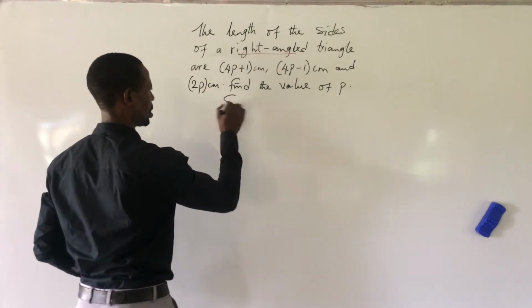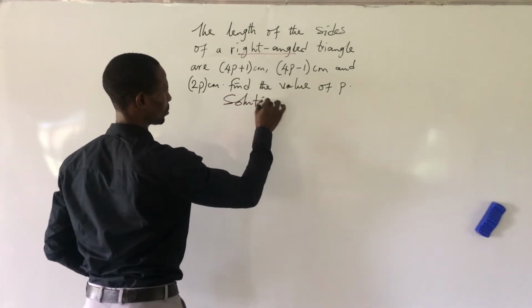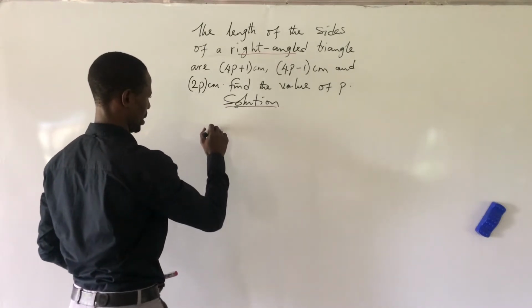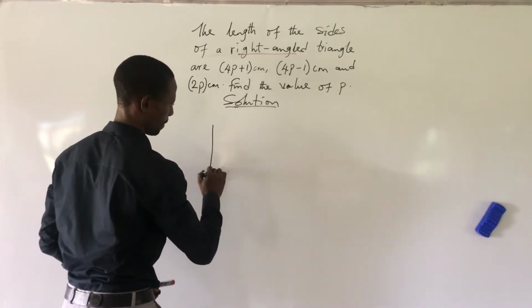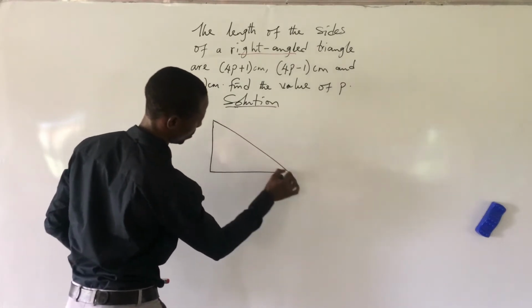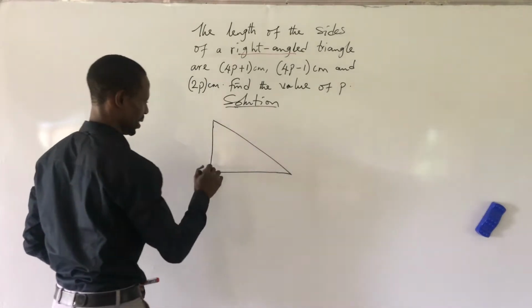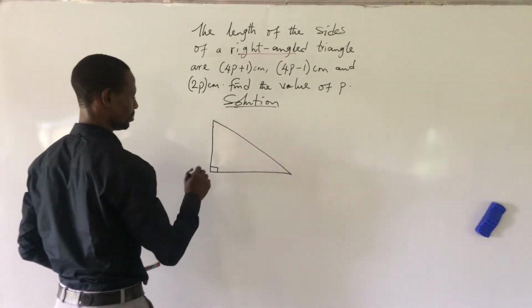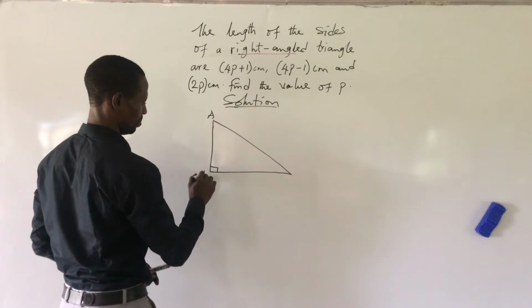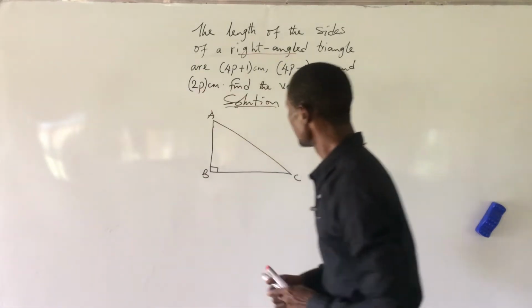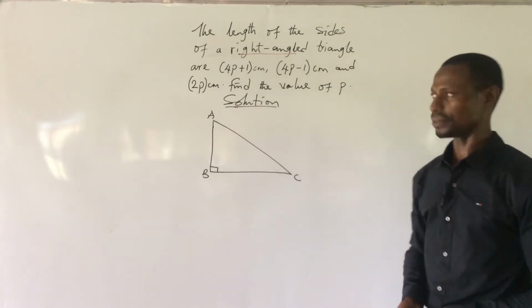So first of all, we take our solution. Our diagram will look like this. All right, this is 90 degrees. We can label our diagram A, B, C. So let's input the dimensions.